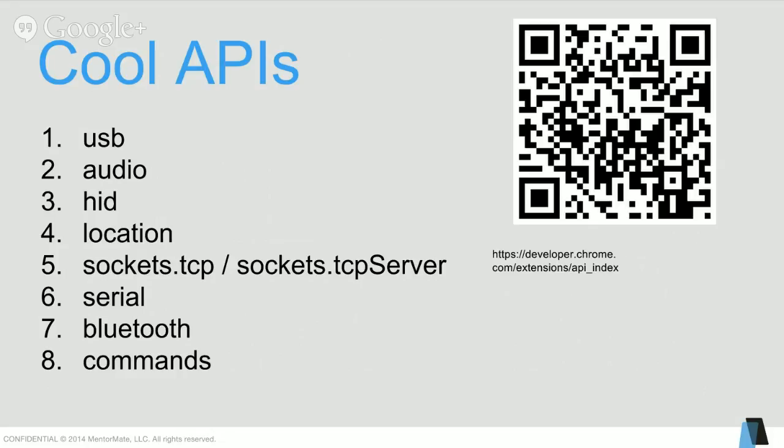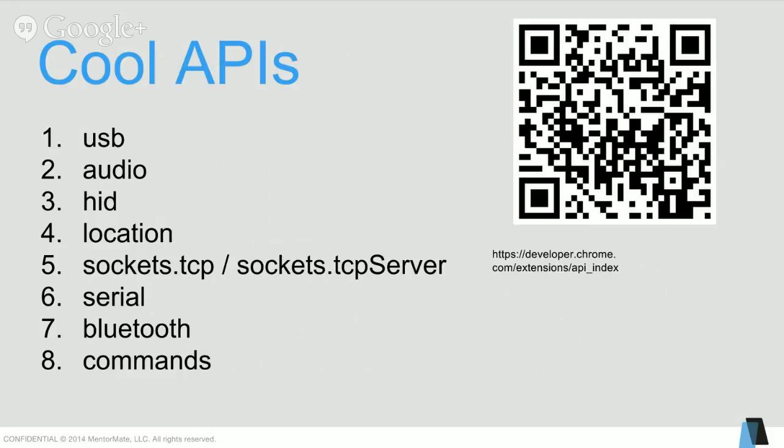Sockets and TCP. Not only can you consume by TCP and not just HTTP, you can actually create a TCP server. So you could build Node.js as a Chrome app and actually launch that. And you see some cool things being built today that we're going to see extending. So how many people here know who Kush is? Okay, a few people. He's a very prominent developer in the Android and CyanogenMod communities.